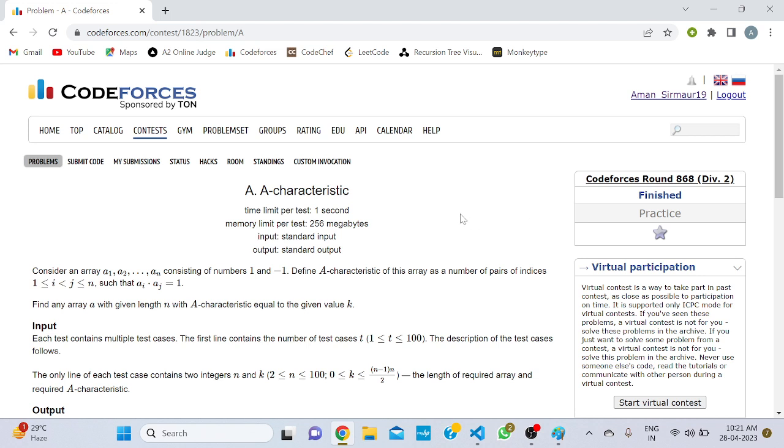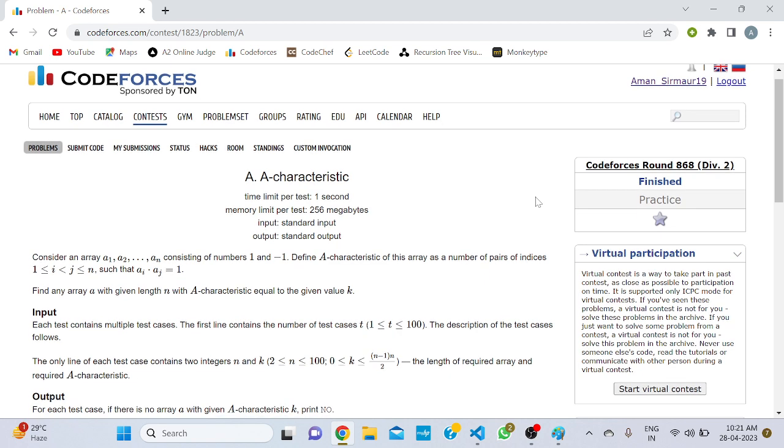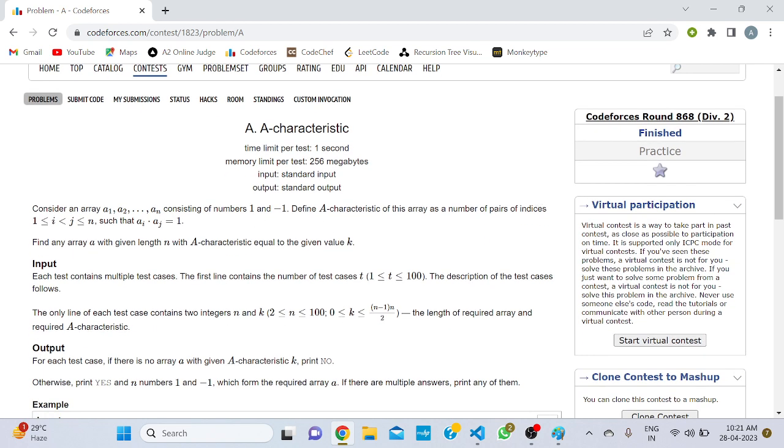So today we are going to solve Codeforces Round 868 Division 2 first question. In this question, it is given that consider an array A1, A2 up to AN consisting of numbers 1 and -1. So we are given an array which contains only elements 1 and -1.